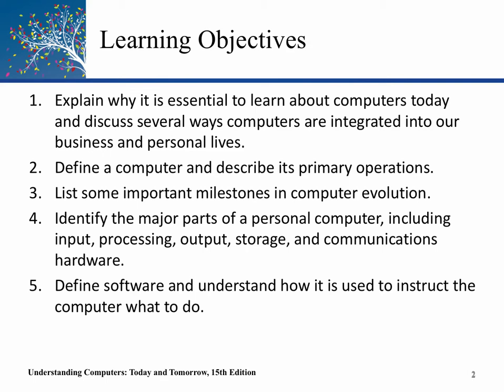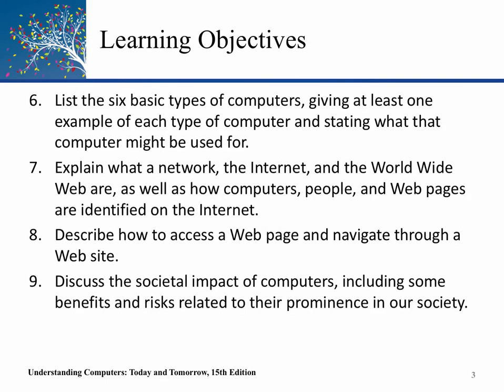We'll look at software and understand how it's used to instruct the computer. We'll also list types of computers and then talk about some examples of each. We'll explain the difference between a network, the internet, and the web. We'll look at accessing a web page, and then we'll also look at and discuss the societal impacts of computers.